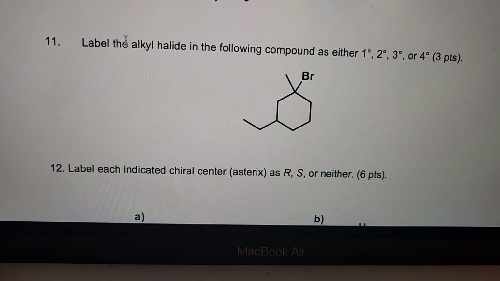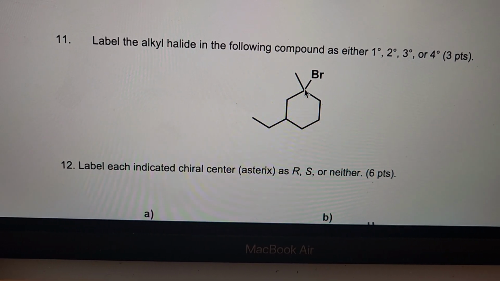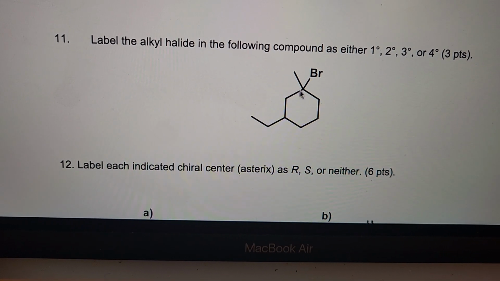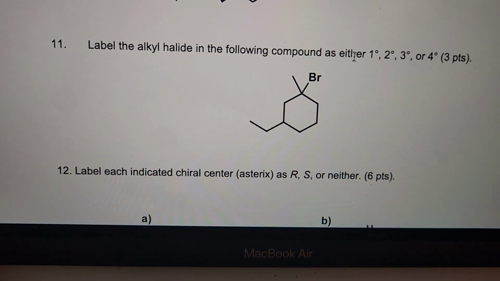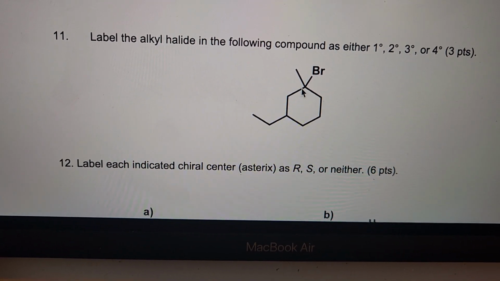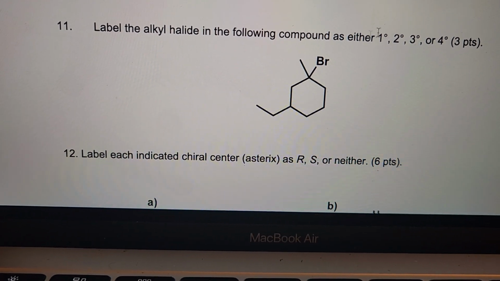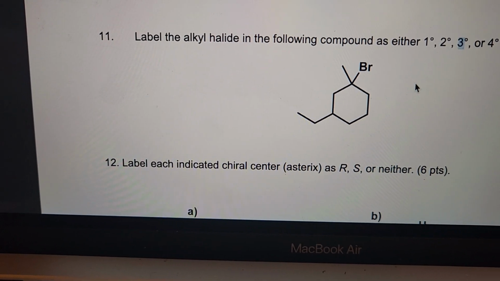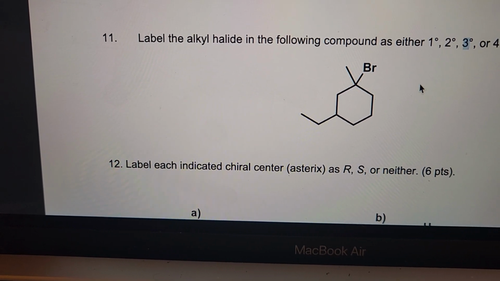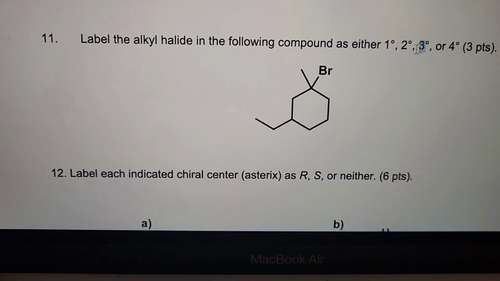Next, we're going to label the alkyl halide. This is going to be this carbon right here attached to this halogen. Okay, so it's attached to 1 carbon, 2 carbon, 3 carbon. It's going to be tertiary, so you can just write this.